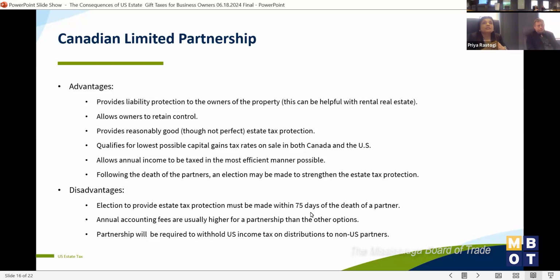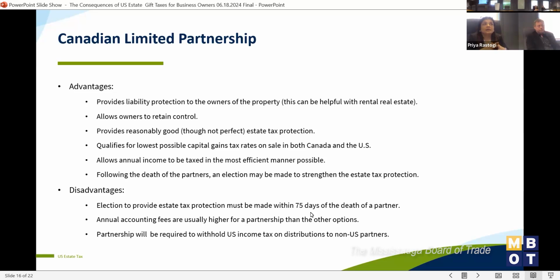It should be done within 75 days of the death of the partner. If it's not done within 75 days, it can be considered part of the deceased's estate.